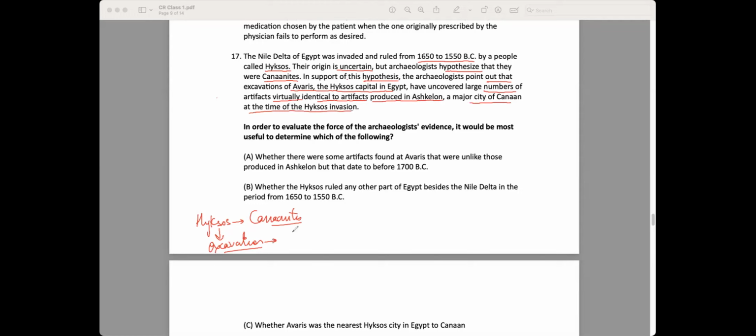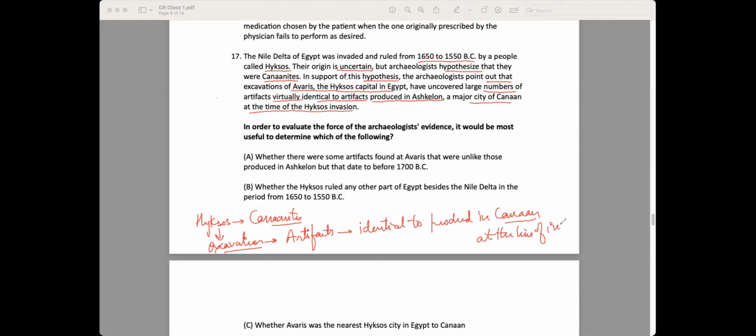So out of excavation, we have got a lot of artifacts which are identical to those produced in Canaan at the time of invasion. Okay, so the main argument made is the hypothesis that these Hyksos people were Canaanites.